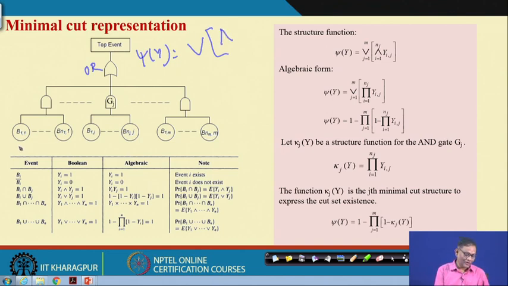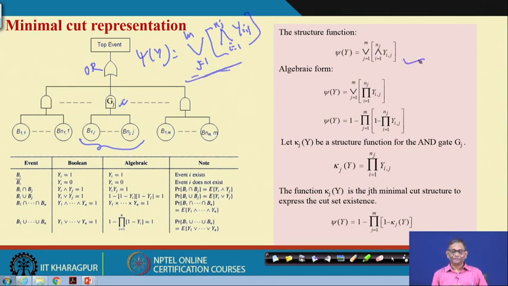How many AND gates are there? That is j equal to 1 to m. How many inputs to a particular AND gate? That is i equal to 1 to n j. What is the indicator variable? y i j. So, this is my structure function.